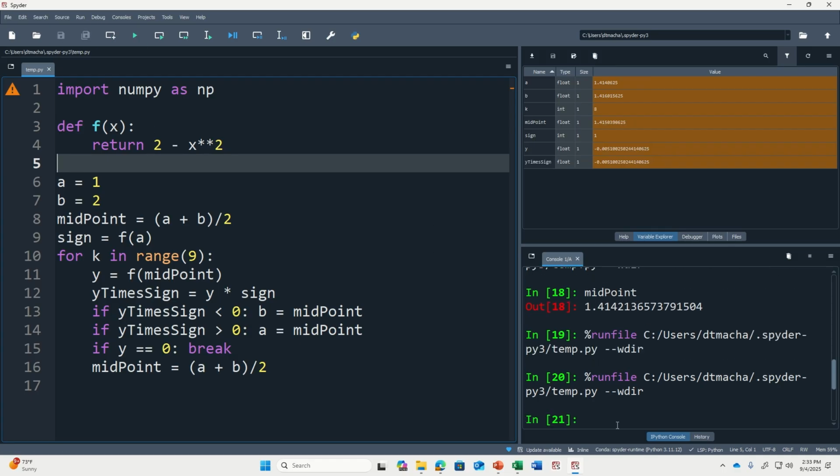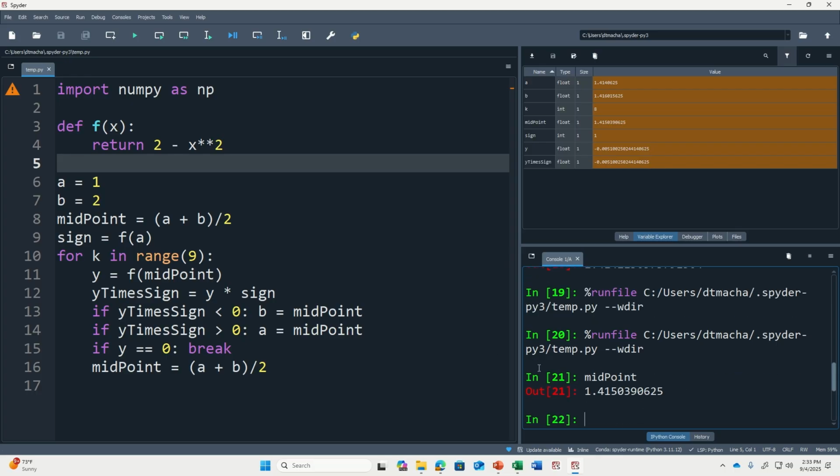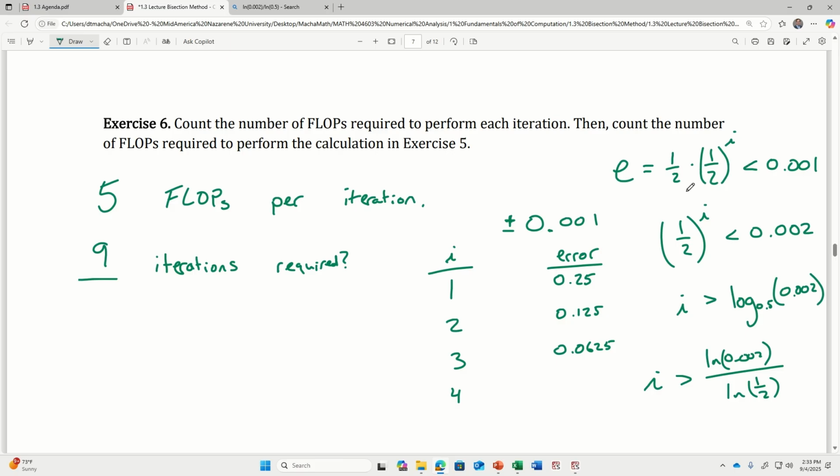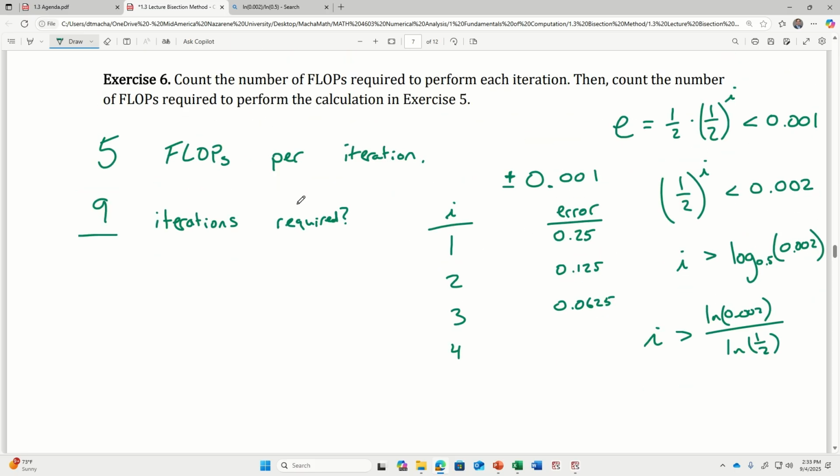And 1.415 is apparently close enough, or at least within that amount of tolerance we specified. Okay. So with 5 flops per iteration and 9 iterations required, that's 45 flops on the inside of that loop.